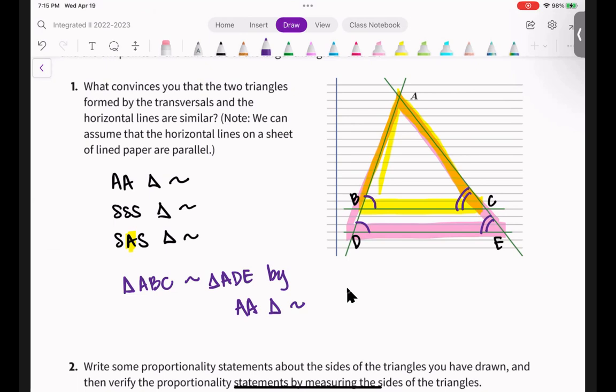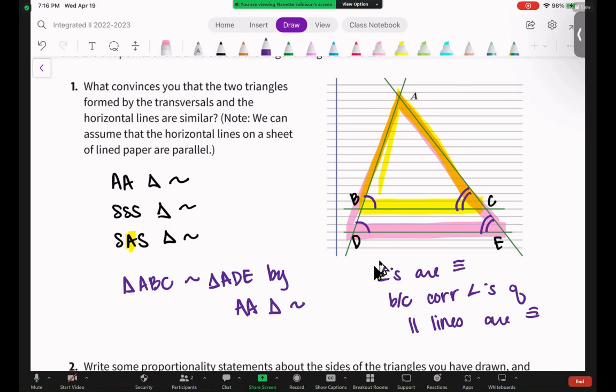Okay, and how did we prove that these two angles are congruent here? So these angles are congruent because corresponding angles of parallel lines are congruent. Okay, so that's my little quick proof.